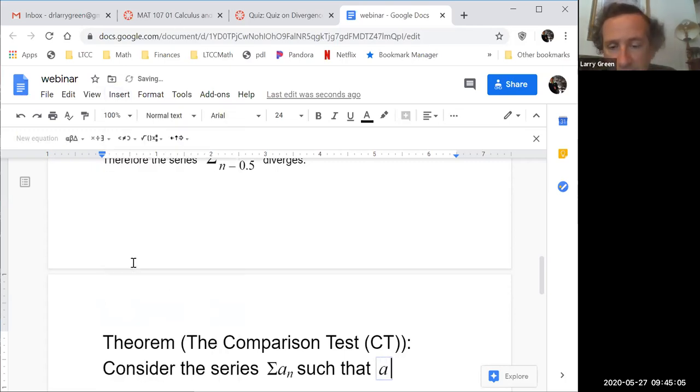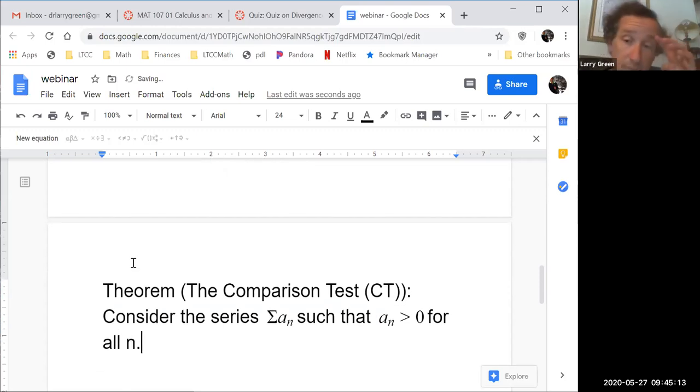So a sub n needs to be greater than 0 for all n. Okay, and all n large is all we care about. Never care about the first million terms. All that matters is the tail.